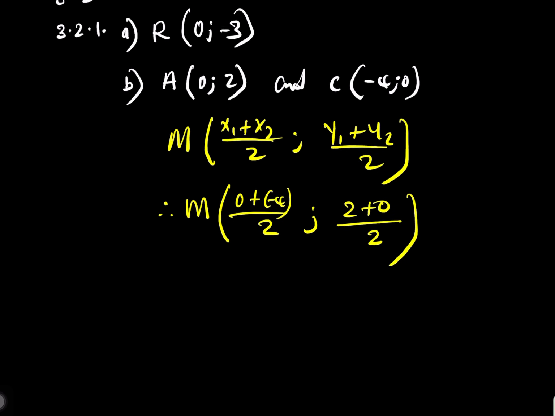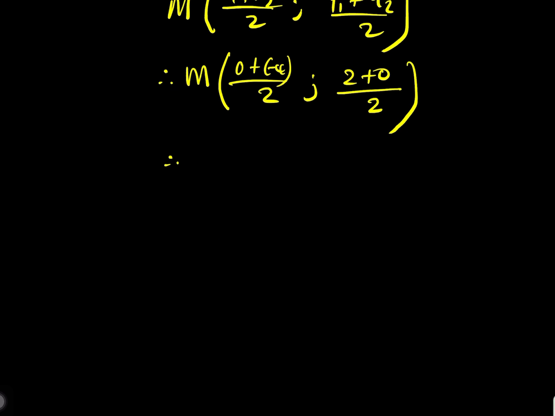Well, let's see what we have. If you do that carefully, you will arrive at a negative 2 there, and then this one is 2 over 2, and that is 1. So the coordinates of M are minus 2 and 1.